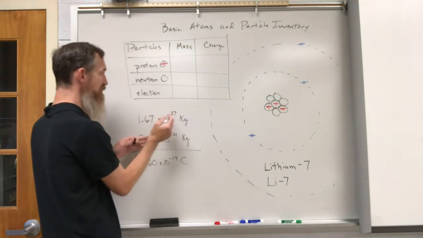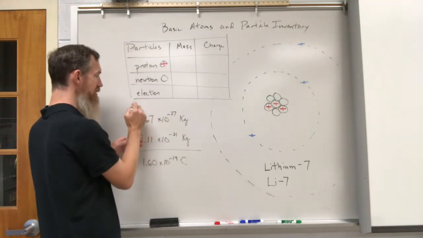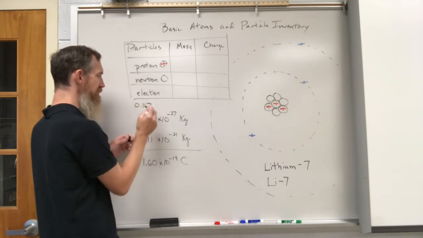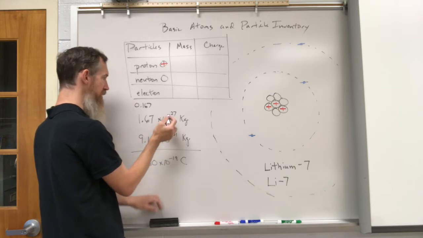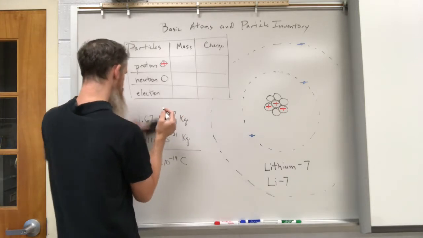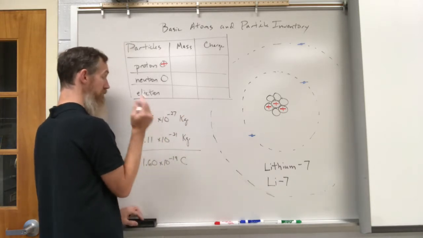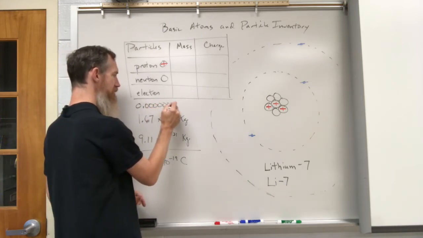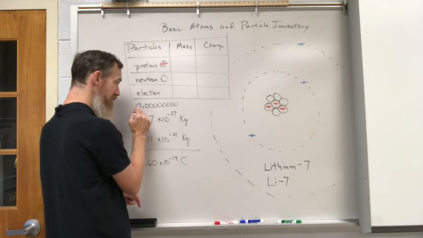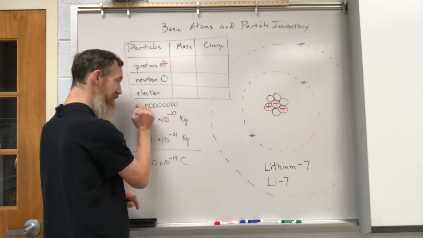This number here, negative 27, realize this is 0.167, and then we have to go 27 decimal places to the small side. Actually, hold on, I messed up. This is 0.0000000. Now I have to go at least 27 spaces this way.